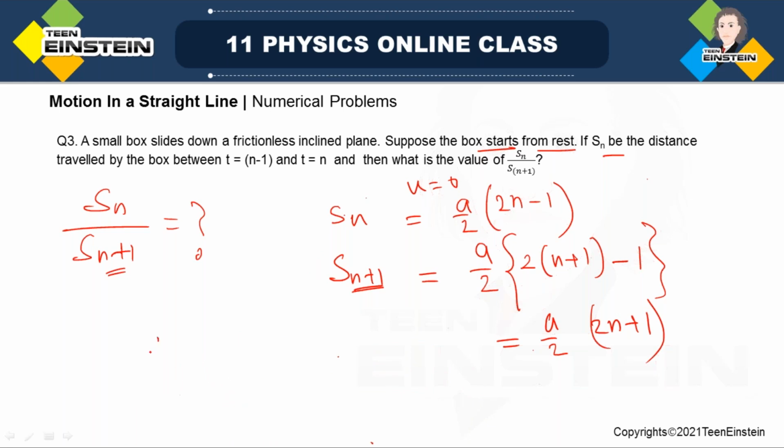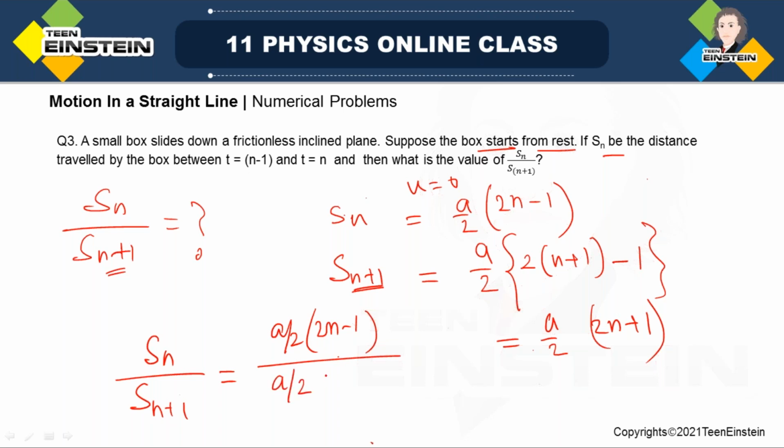Now I have to find Sn divided by Sn plus 1. Take the ratio. Sn is a by 2 into 2n minus 1, and Sn plus 1 is a by 2 into 2n plus 1.